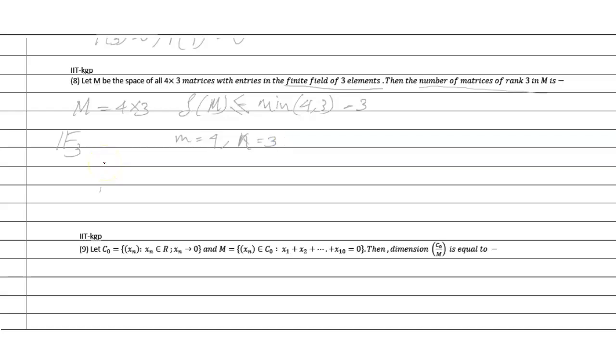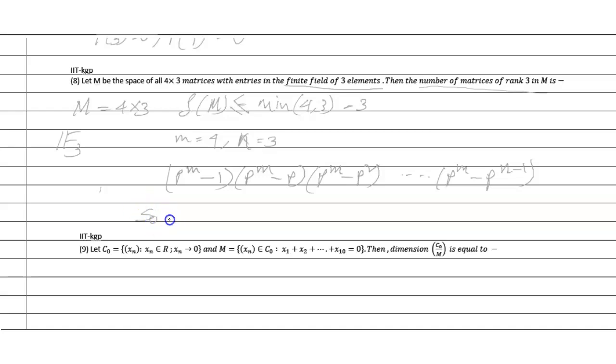So by the formula, P to the power M by P to the power N minus 1.